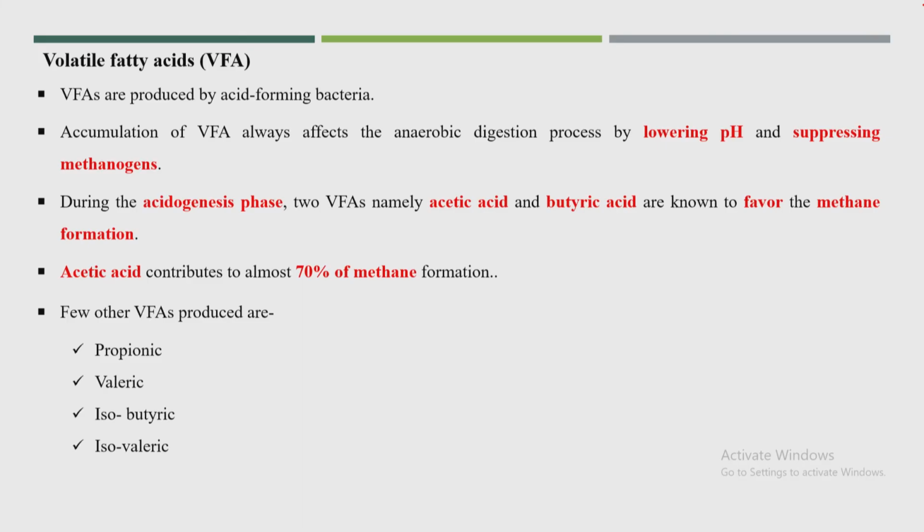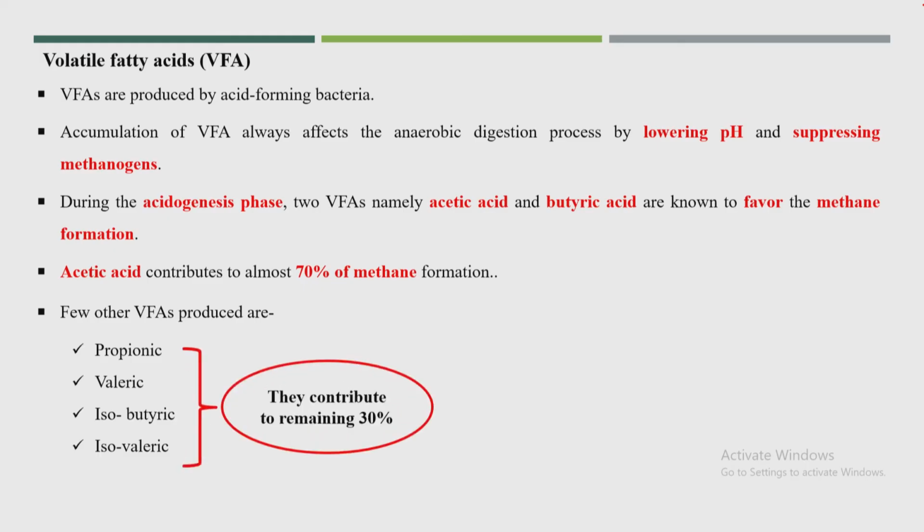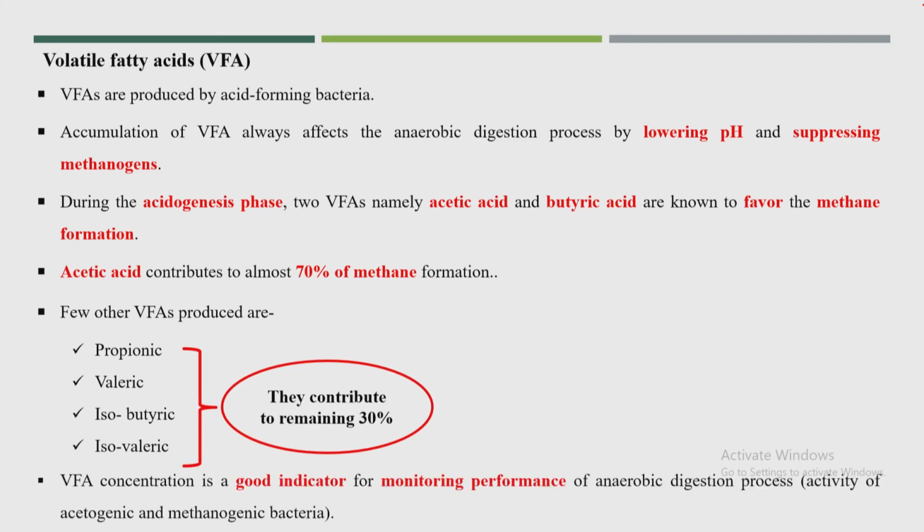A few other VFAs are produced, like propionic acid, apart from butyric acid, valeric acid, isobutyric and isovaleric acids, and these contribute the remaining 30%. So, VFA concentration is a good indicator for monitoring the performance of the anaerobic digestion process.